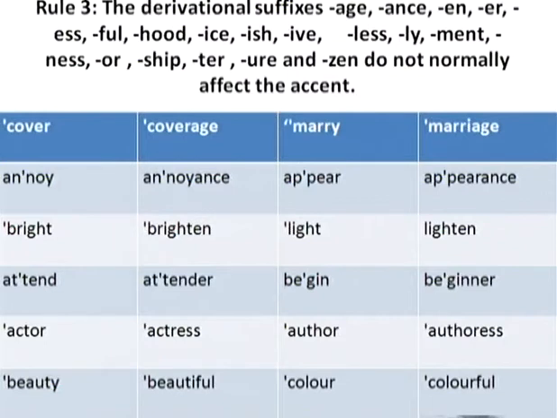The pronunciation becomes from age to ij, coverage. Please remember this. Age ending of words becomes an ij, coverage. Not mar-riage but marriage, mar and ij. Cover, coverage, marry, marriage.